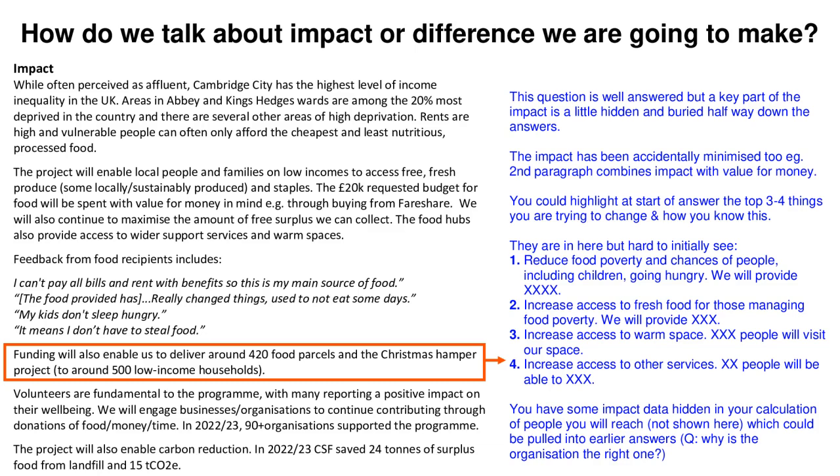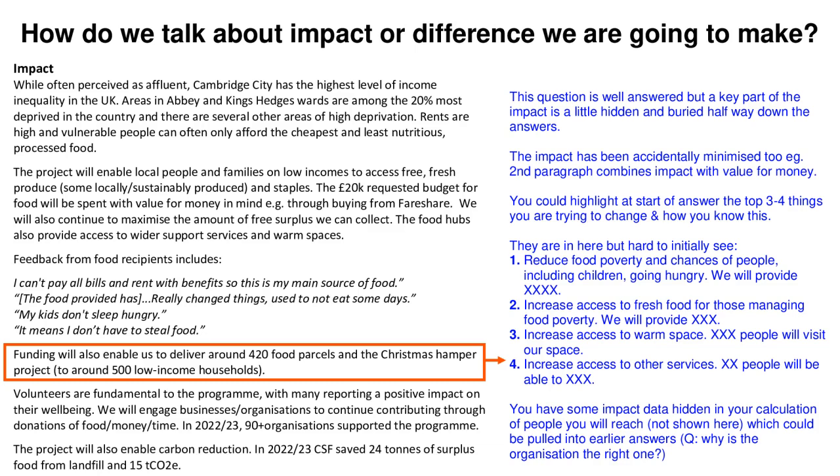This funding application, I believe, is part of the government disbursement of cost of living crisis funding. So that tells me they're going to be quite a numbers-based funder because they're trying to help as many people with the cost of living crisis as possible. So numbers rather than changes are probably going to be quite important to them because they're going to make an assumption that you are supporting people with the cost of living crisis.